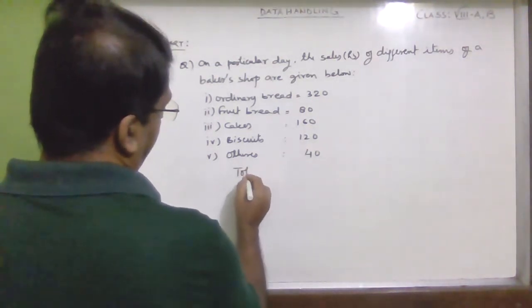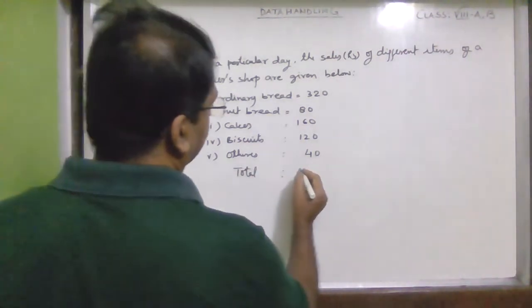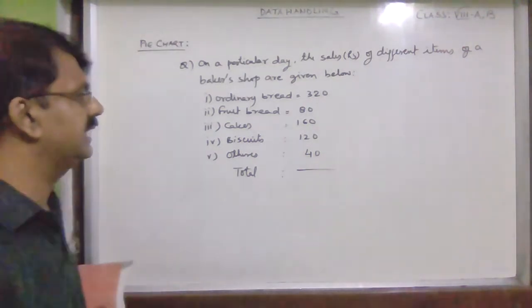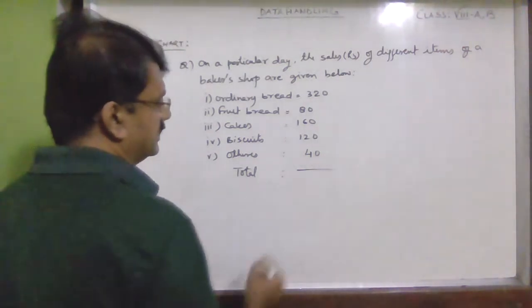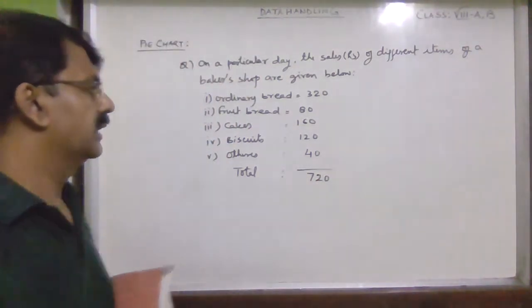And now we can write the total. You simply add them. 320 plus 80 is 400, 560, it's 720. The total is 720.